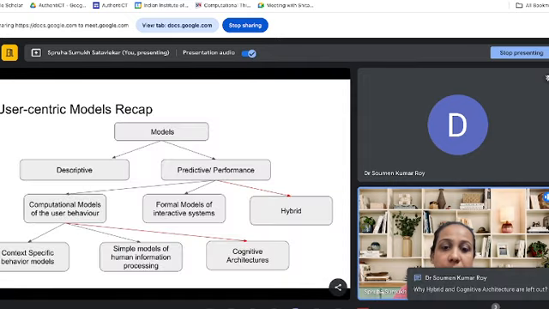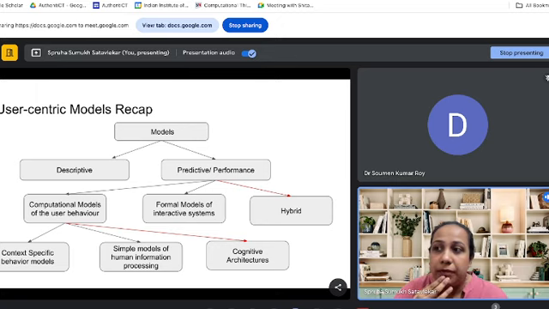Hybrid models and cognitive architectures are left out. I believe that because the scope has to be limited to the week long content that can be processed, that is the only reason why they have been left out. Now, I myself have not studied those two, so I don't know whether they are more complex or less complex. So I can't say that because they are complex, they are left out.